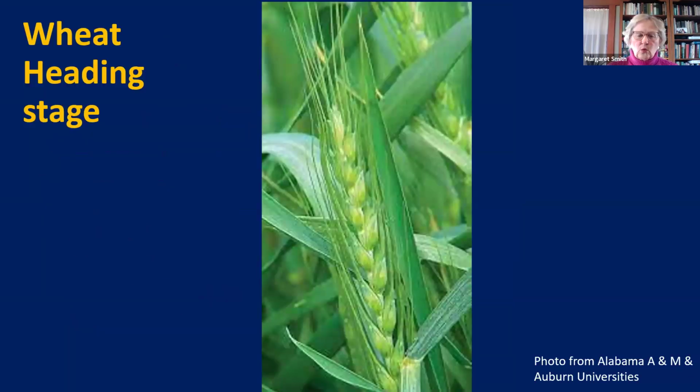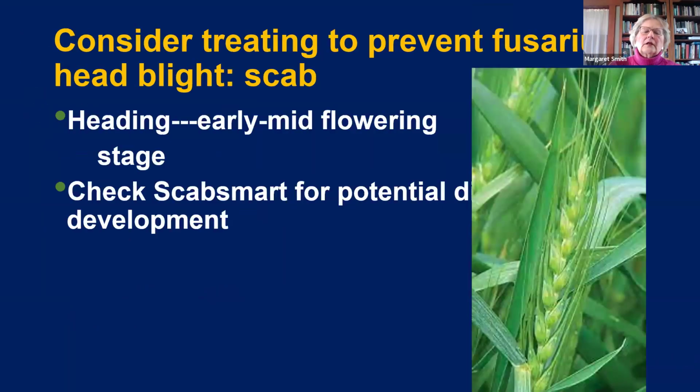So the heading stage, once that head has come out of the boot or out of the trunk, is continuing to elongate, and you can see the head. So this stage is extremely important for fusarium head blight. This is the period at which fusarium can enter those florets.